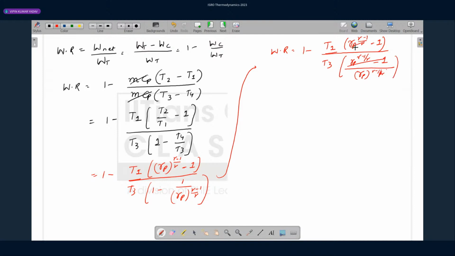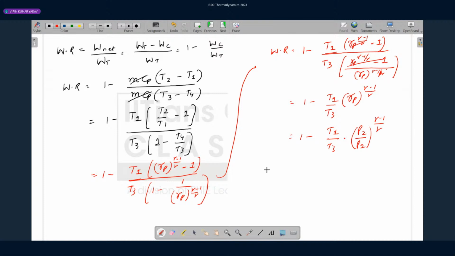So this and this will get cancelled and you will get 1 minus T1 by T3 into (P2 by P1)^((gamma-1)/gamma).